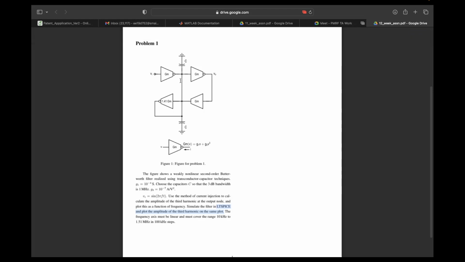There are four transconductors, no? Four current sources we have to put, sir. Correct. Is there any twist, sir? No, it's straightforward only. It just requires some amount of work. That's it.